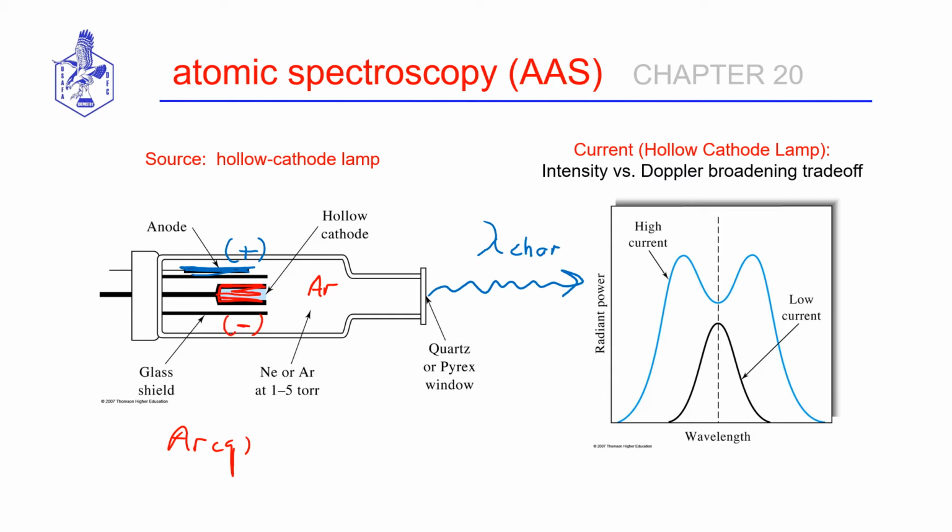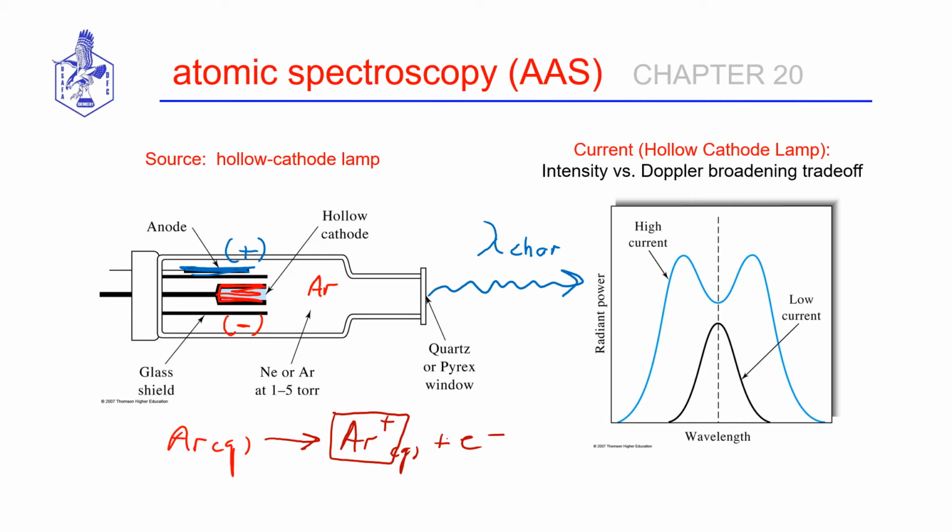When we apply the potential here, we're going to ionize my argon. So I now have positively charged ions.